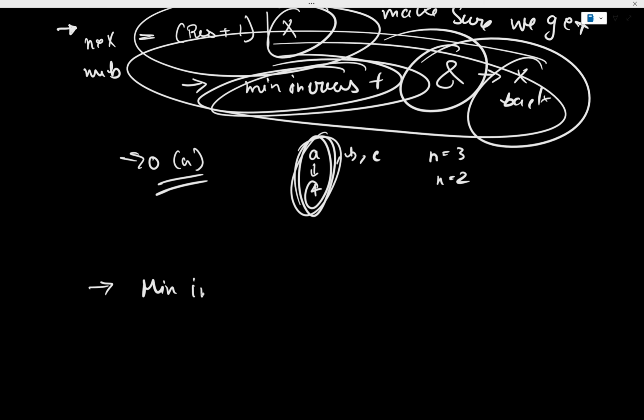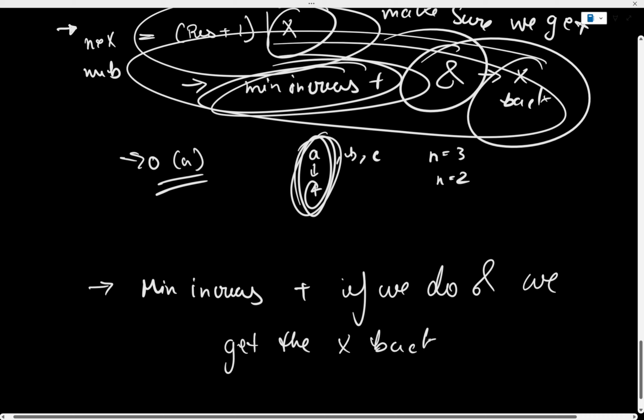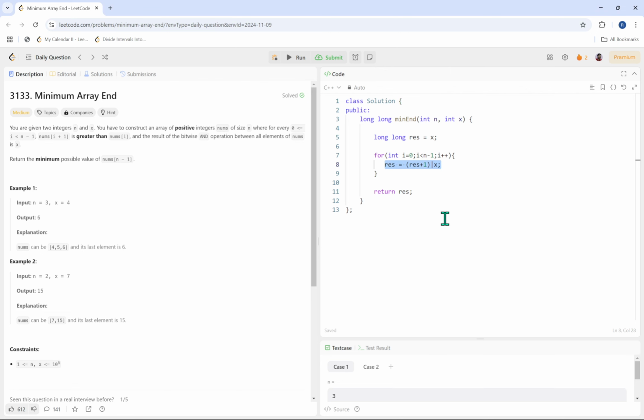After that we just return that number, because we just need to return the last. Over here you can see we just need to return 6.